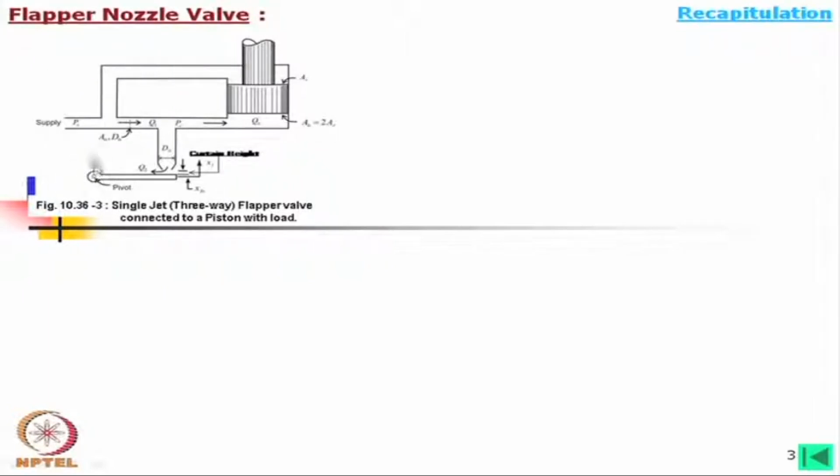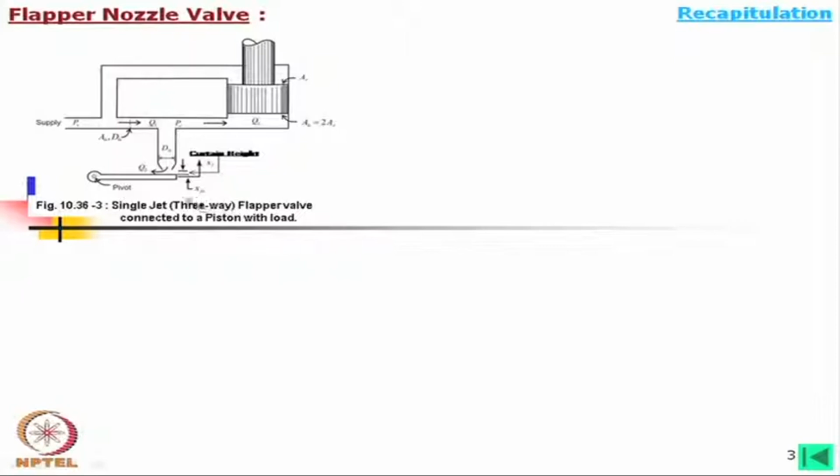So, this means that, like the spool valve one, this supply oil can freely go to the rod end side. If it would like to come in the head side, first of all it is going through a fixed orifice. Here the orifice is fixed. In case of the spool valve, this orifice is also varying, but in this case this is a fixed orifice and this other one is being controlled.